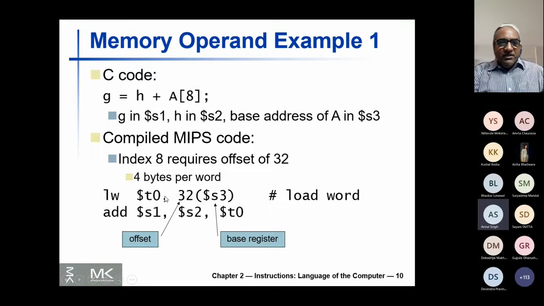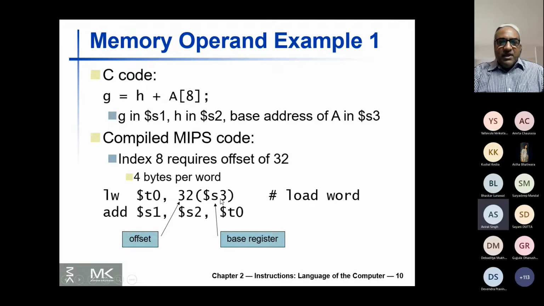So in load word, the semantics are: load word, then the destination register, T0 here, because whatever value you fetch will be placed in T0. Then it has to provide two things.